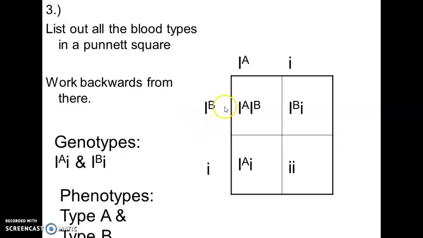This is a heterozygous B, right? Capital IB would be one allele, and the second allele would be lowercase i. You would do the problem the same way. The results don't change, but you do need to know how to do the Punnett square both ways.